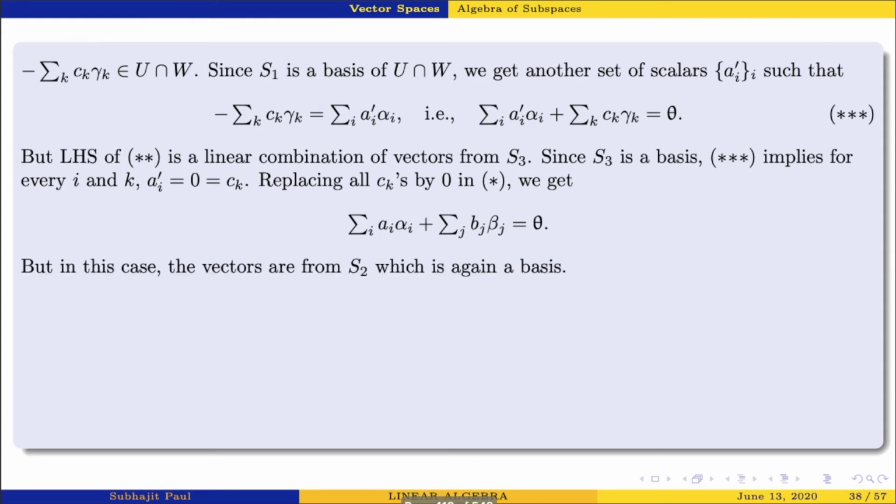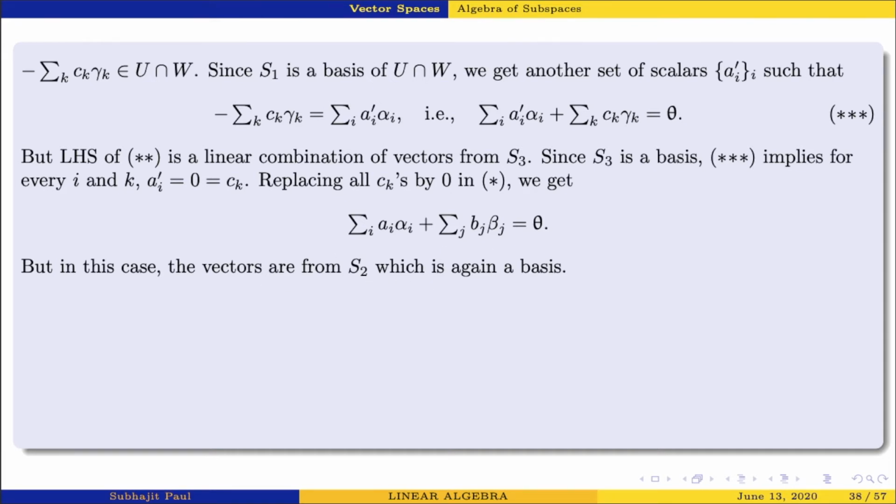But in this case, these vectors are from S2, right? The alpha i and beta j vectors are a basis of U, S2, which we extended from S1 to be a basis of U.